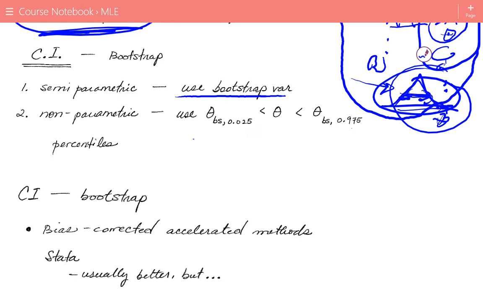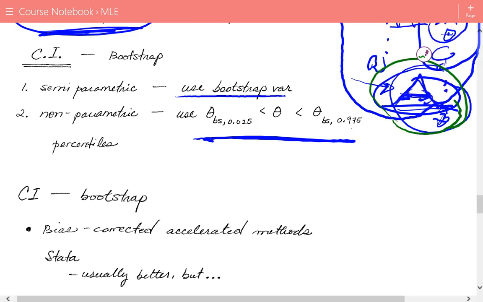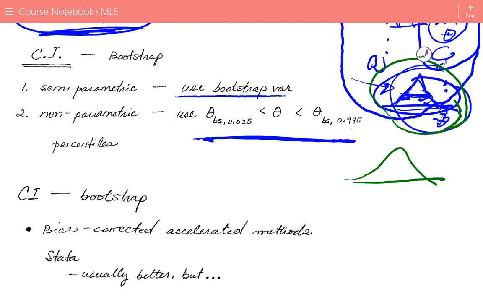And when all else fails, you can use the distribution, which is to say my sampling distribution, which I had right here. Let me redraw that, of the bootstrapped estimates. And I can just pick out the confidence interval.